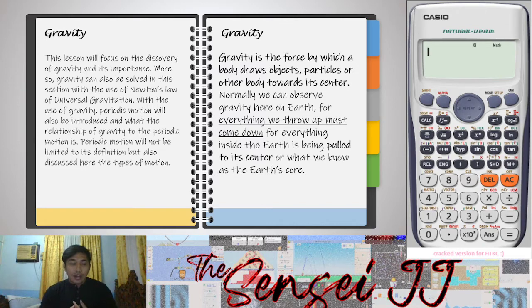This is not a gravity where when you throw something, it comes down. This gravity is the pulling of two objects near to its core. It has the same principle as the gravity where everything you throw must come down, but this gravity is a little different. So we will be discovering that gravity here.